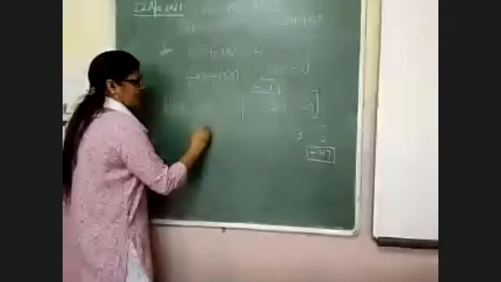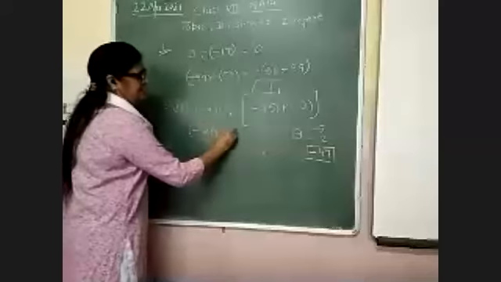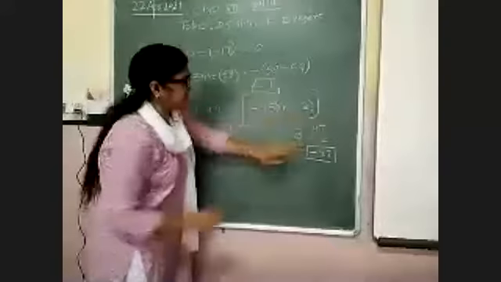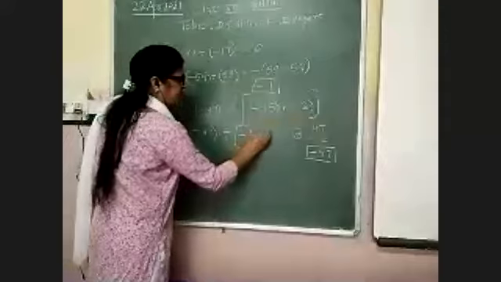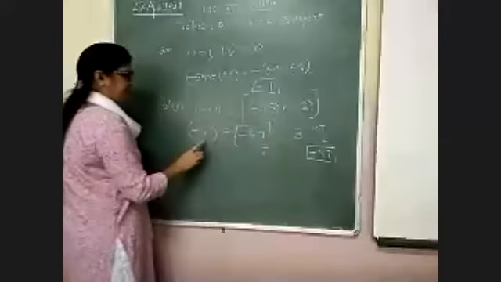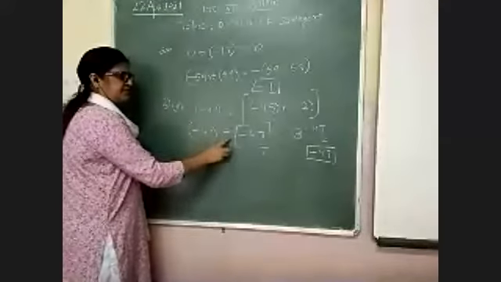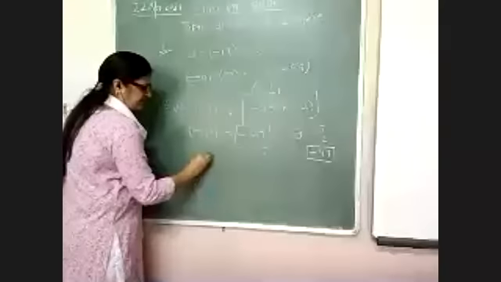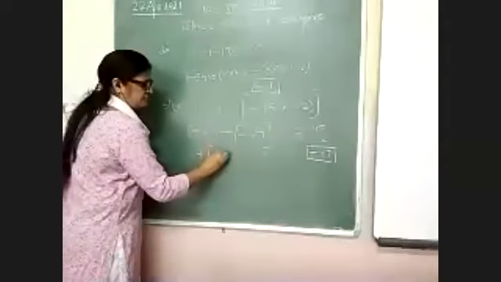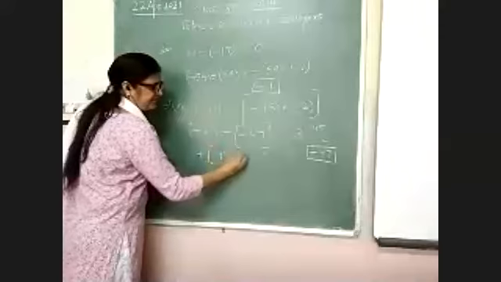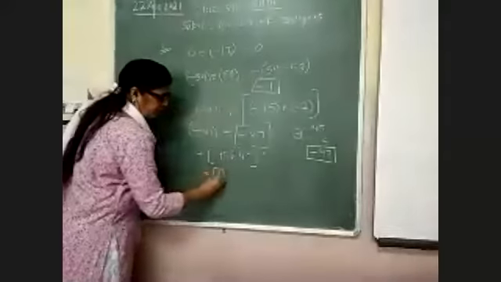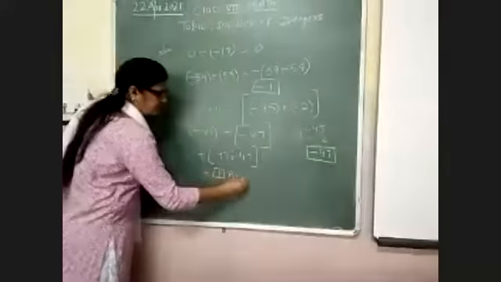So minus 45 plus minus 2 is equal to minus 47. Now, when you divide minus 47 by minus 47, minus and minus cancel, it becomes positive. So 47 divided by 47 is equal to plus 1. This is the answer of this question.